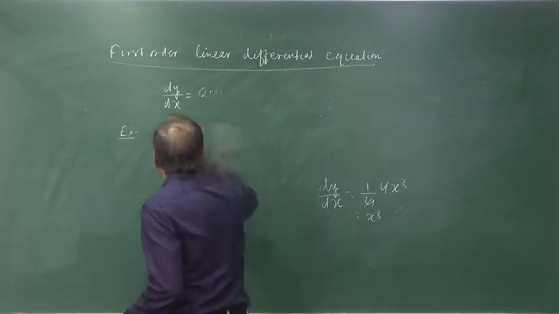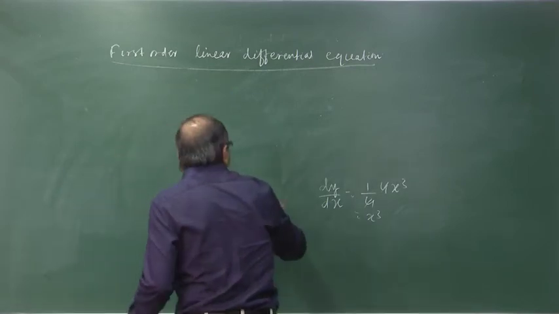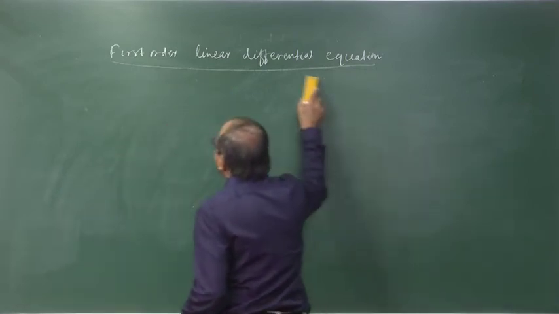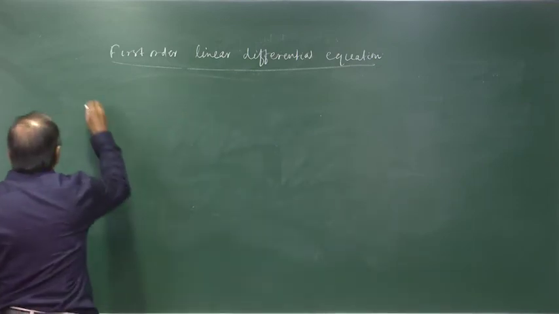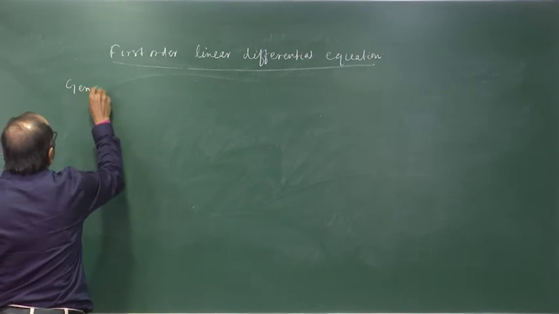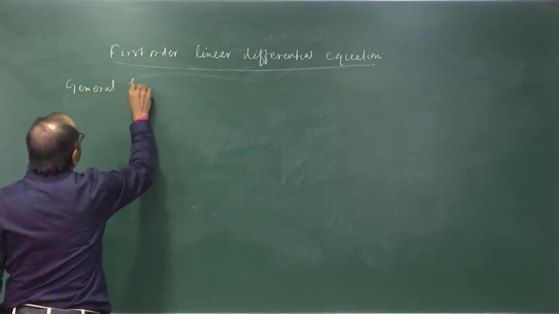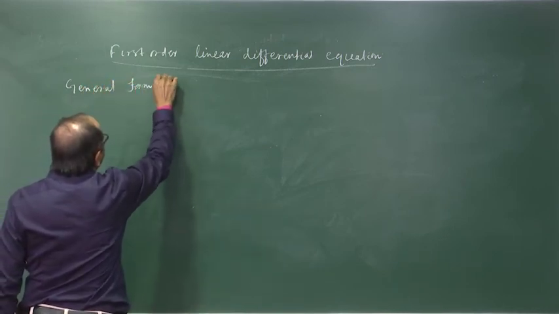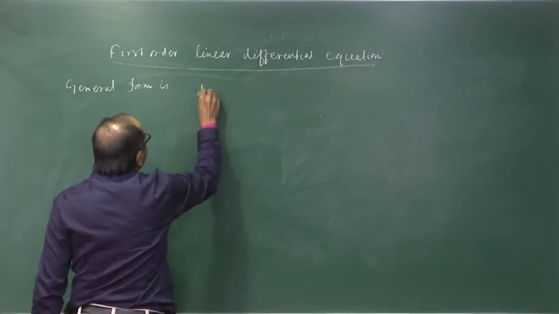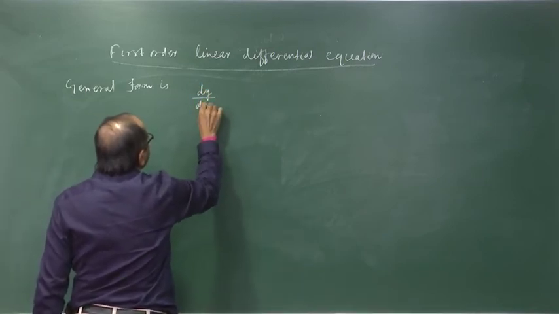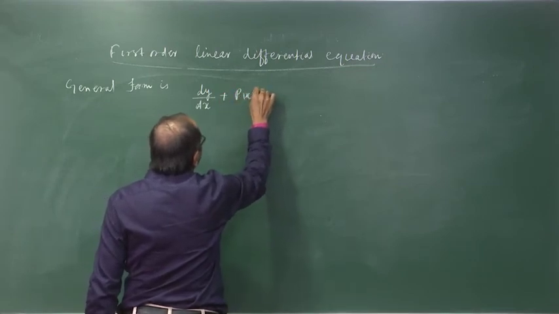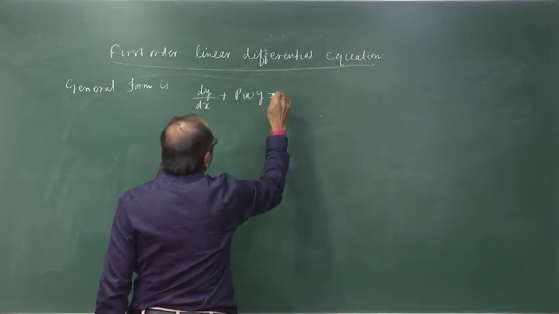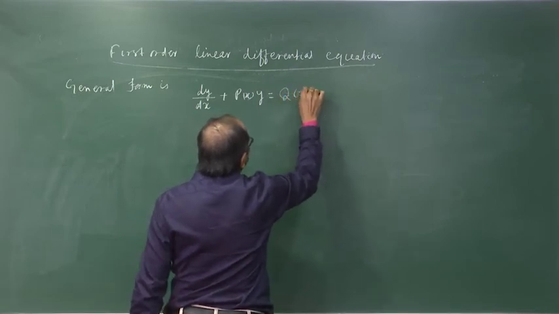Okay. Then the general form of a first order linear differential equation is dy by dx plus a function of x into y is equal to q of x.